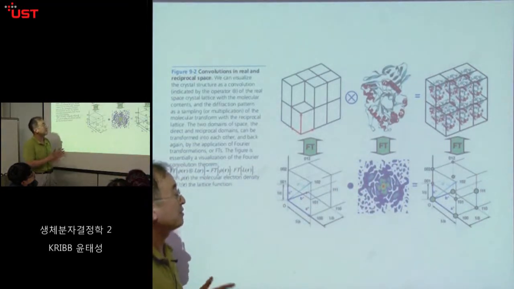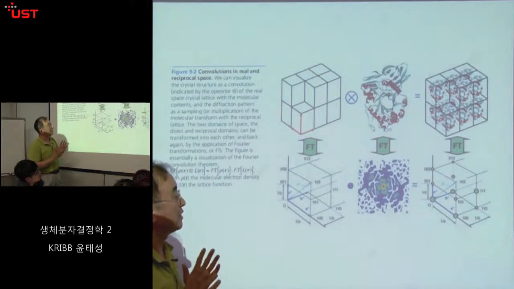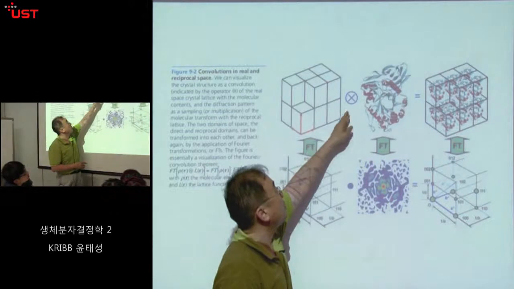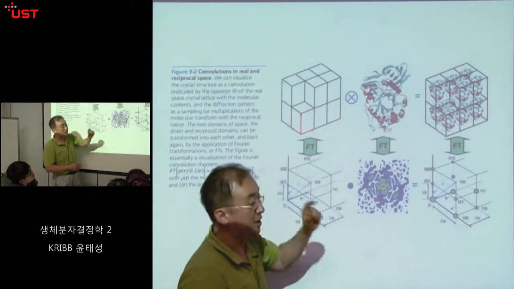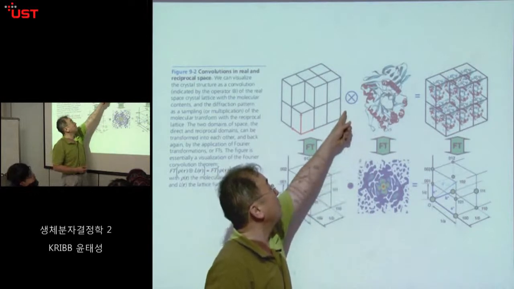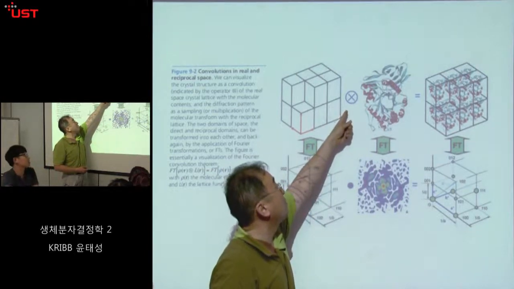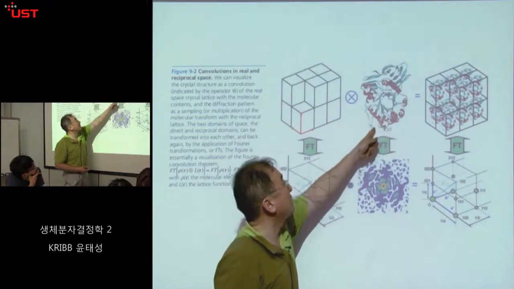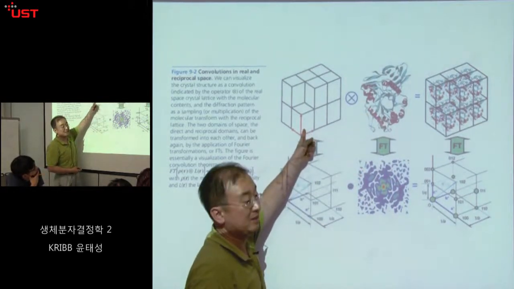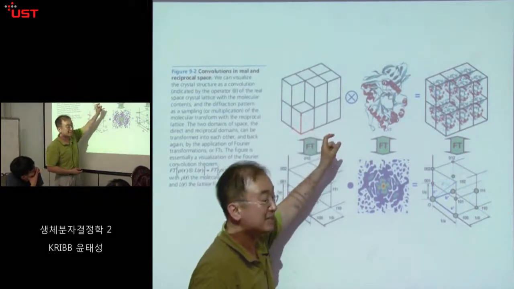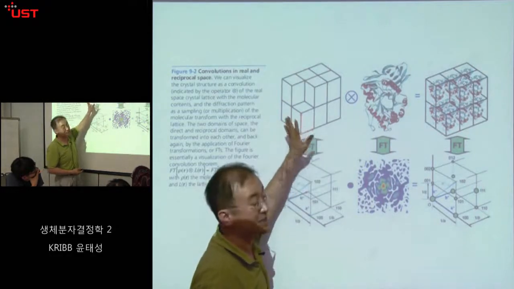I'll not explain this again, but the difference is like this. This is the symbol of convolution. In terms of operation, the symbol of convolution means you should put each of your motifs like this in each lattice point. That is convolution: repeating the motif over the whole periodicity along ABC.